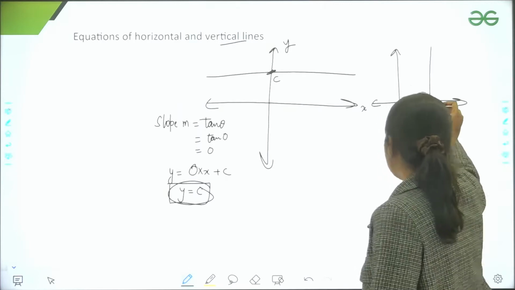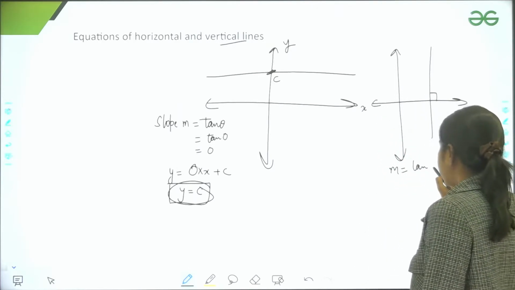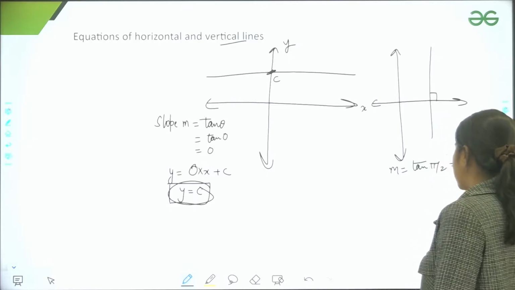Here the angle is pi by 2 with the x-axis, so the slope would become tan pi by 2, and I told you tan pi by 2 is infinity.